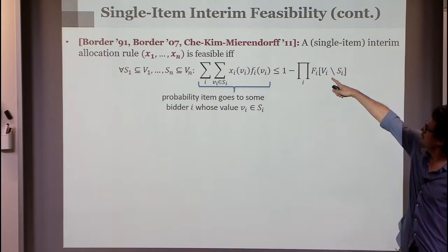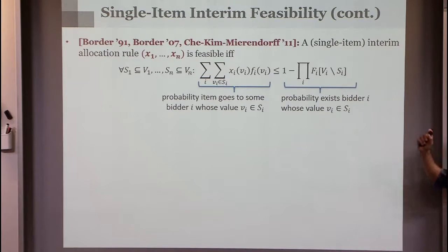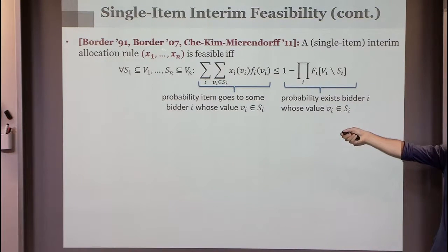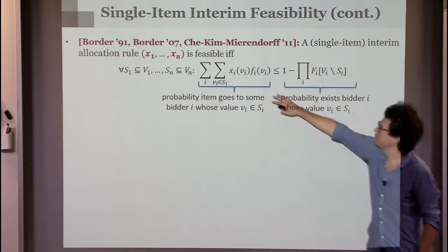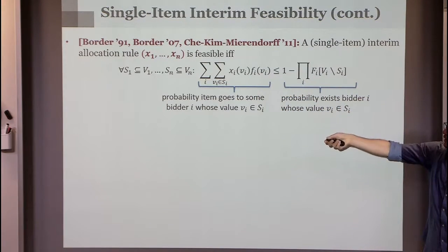On the right-hand side, which is easier to figure out, is the probability that there exists a bidder whose sampled value is inside the set. So clearly, if the rule is feasible, it must be that this is smaller or equal than that, for any selection of sets.